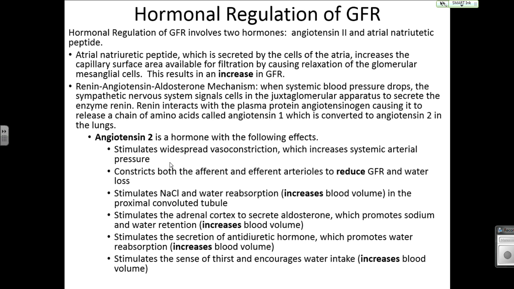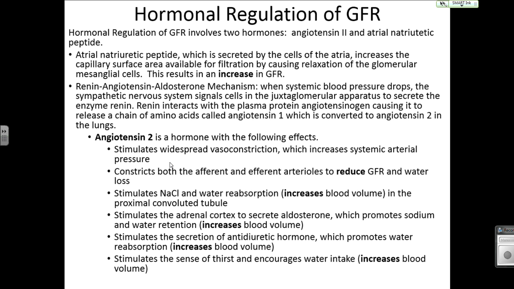We stimulate sodium chloride and water reabsorption. So we're peeing out less salt and less water, which increases blood volume. We stimulate the adrenal cortex to secrete aldosterone, our salt-retaining hormone. Causes increases in blood volume. Secretion of antidiuretic hormone is going to occur.